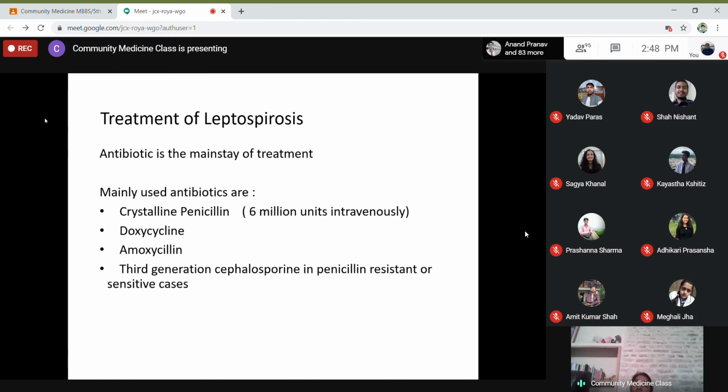So post-exposure prophylaxis for people who have walked through water-logged areas or in floods, doxycycline can be given as prophylaxis, even before they develop the signs and symptoms. So crystalline penicillin, doxycycline, amoxicillin, and third generation cephalosporins, especially if you find that there is resistance to penicillin.